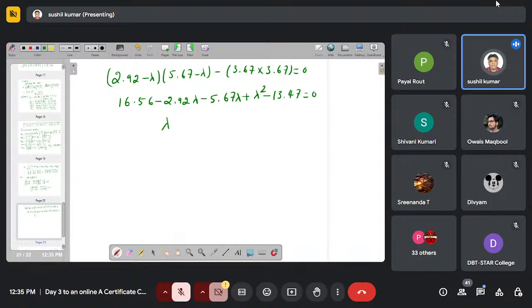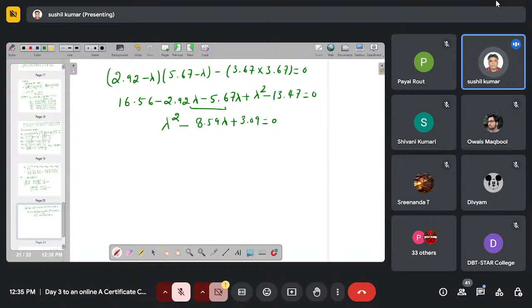From here, lambda square minus 8.59 lambda plus 3.09 is equal to 0.